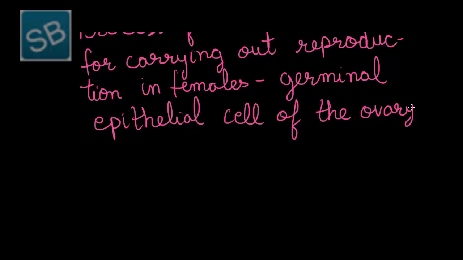As discussed during the structure of the ovary, the germinal epithelial cell is its outermost structure, which envelops the ovary. Here in this region, the process of oogenesis occurs. This is carried out mainly in three phases.